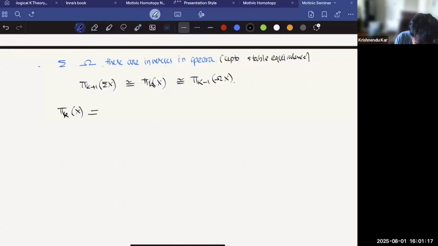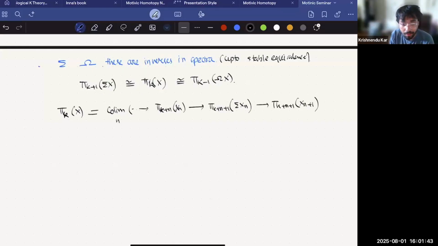Your pi k of x is the colimit of these: pi k plus n of xn, then pi k plus n plus 1 of the suspension of xn, then pi k plus n plus 1 of xn plus 1, and so on and so forth. That's your pi k of x.